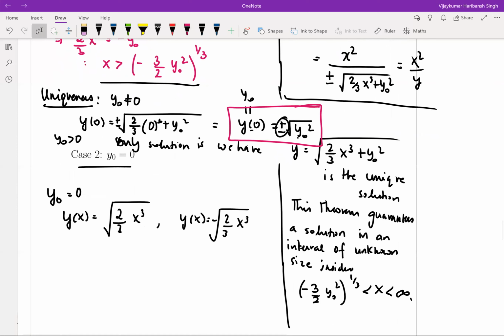So there are two solutions, and both give y of 0 equals 0. So therefore the solution is not unique.